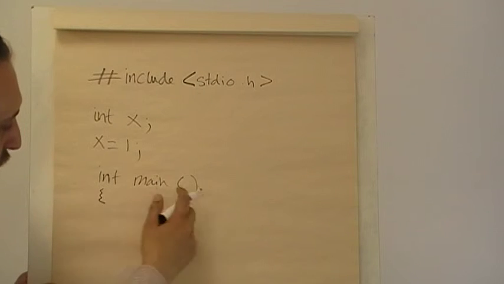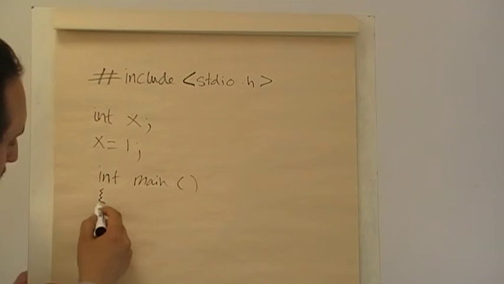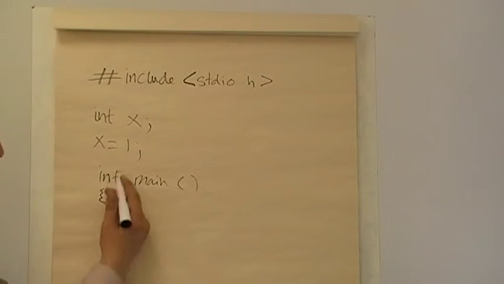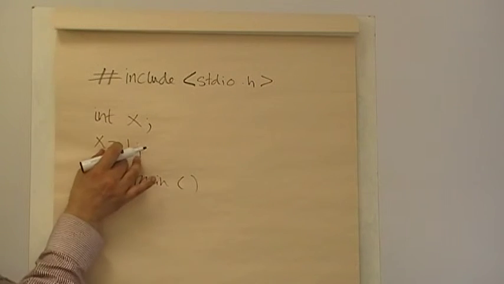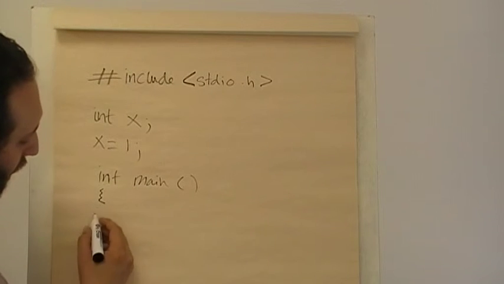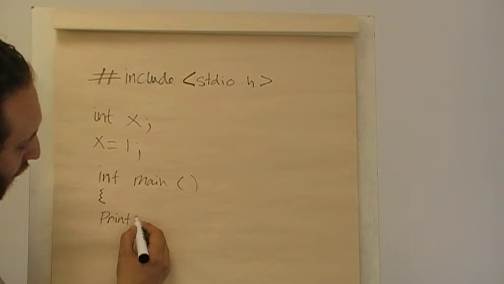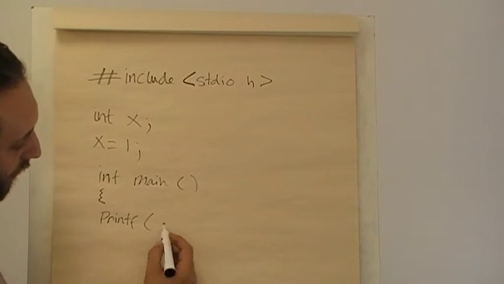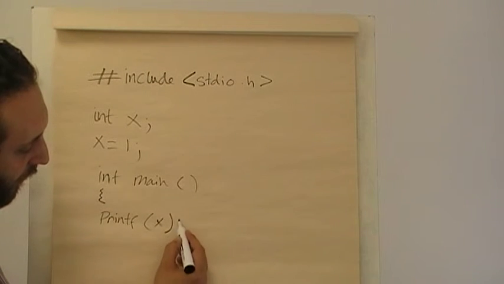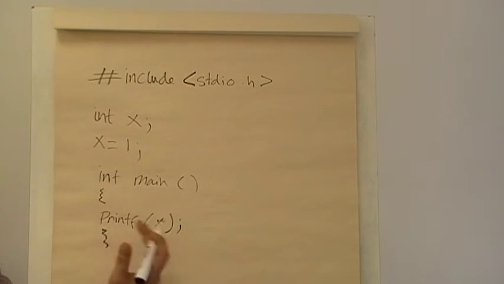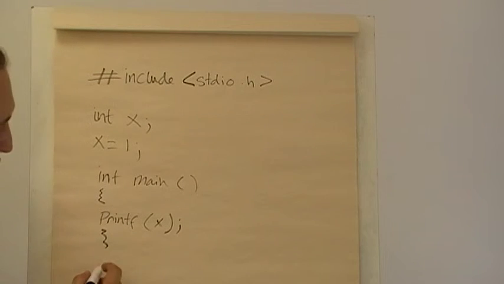Every time we open a block, a function or a procedure, we do that. And now we're going to actually print the value x. So like I explained in the previous lesson, we're going to put printf, and then we're going to put x. Close it off, and that's that. And once we finish the block, we close off the block with another curly brace, which is a closing brace.